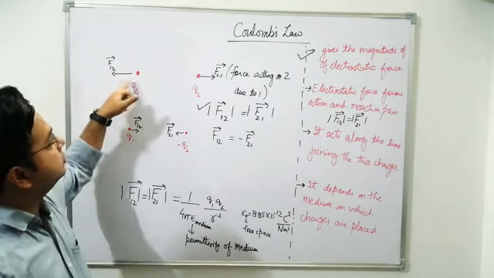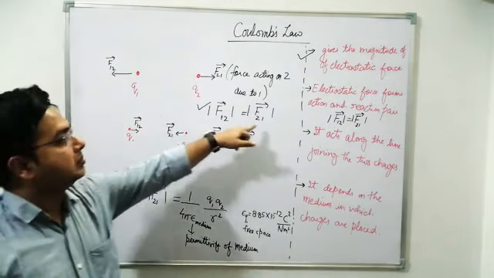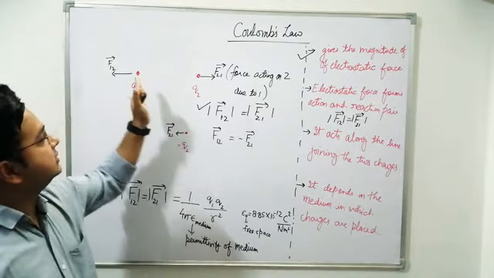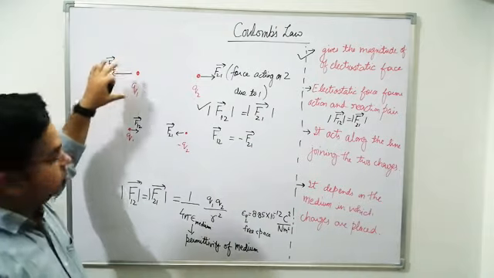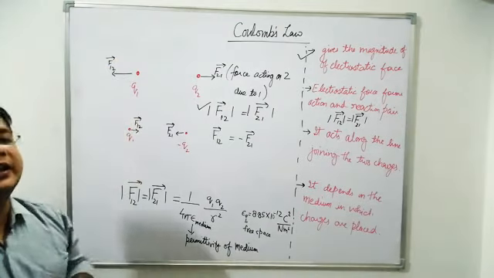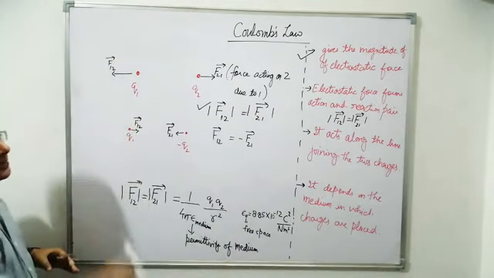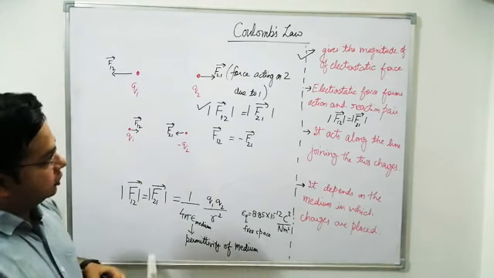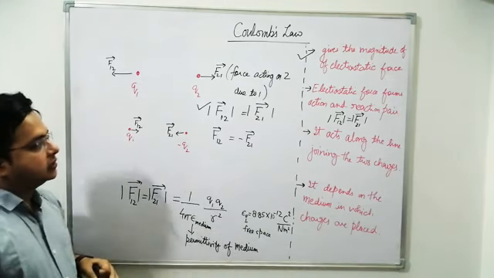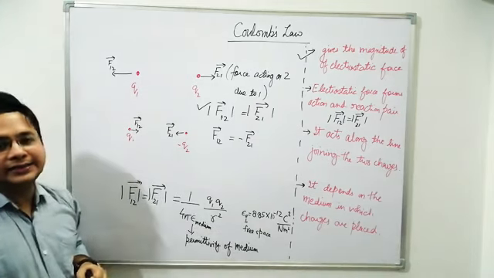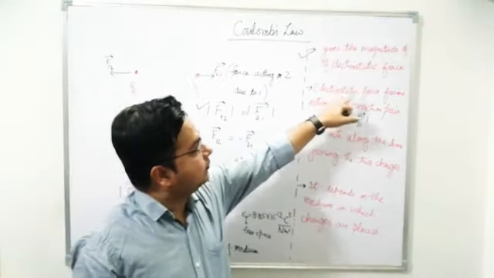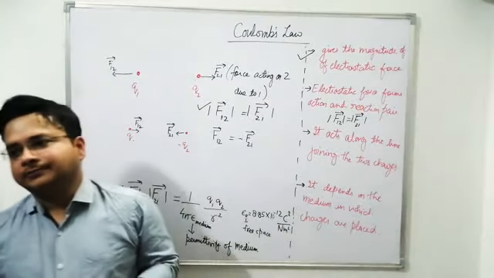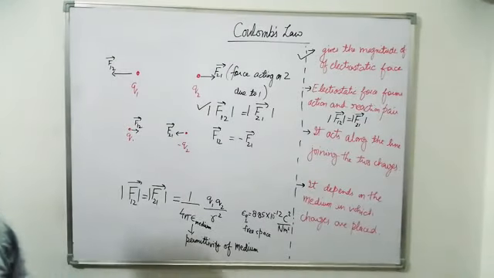Both are equal in magnitude and their directions are opposite. Whether you consider like charges or unlike charges, in both cases the two properties relating to Newton's third law are satisfied. Therefore we can conclude that the electrostatic force forms an action and reaction pair.